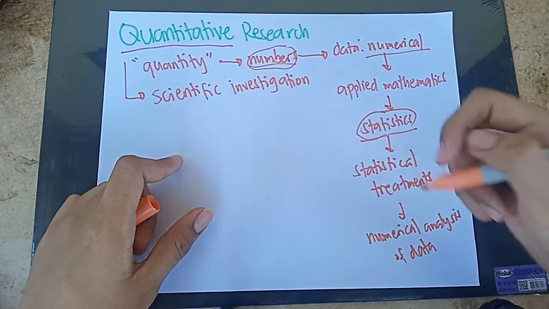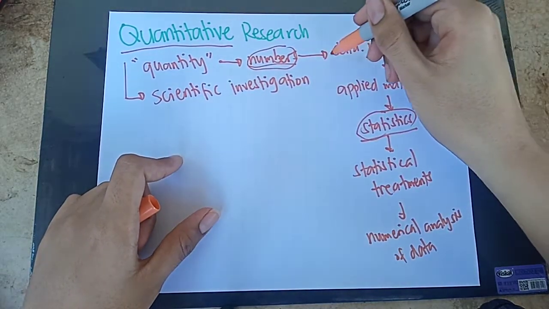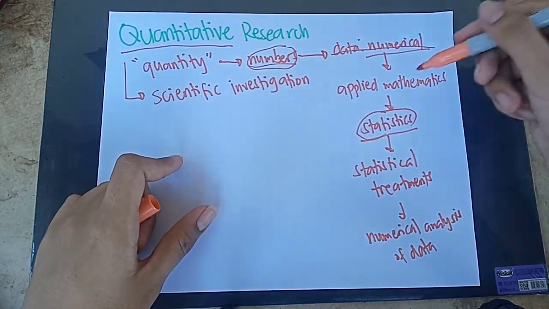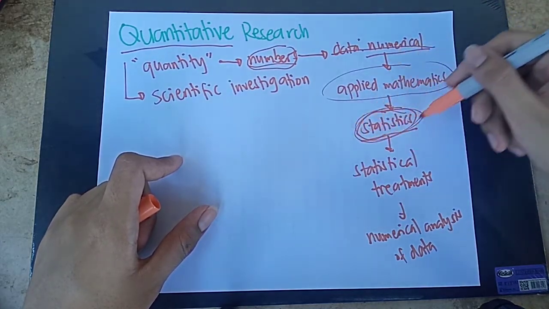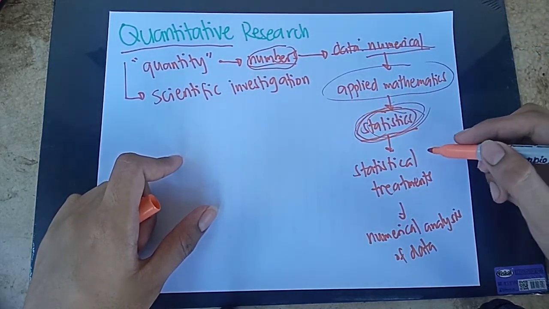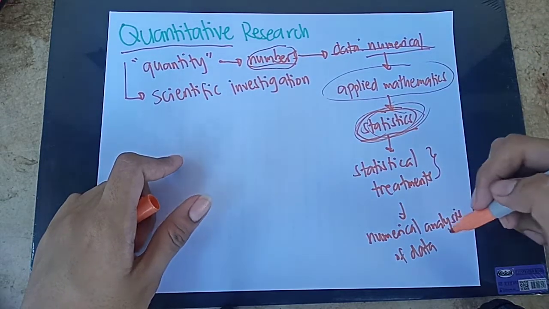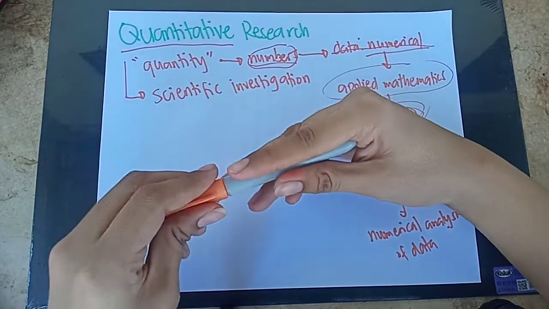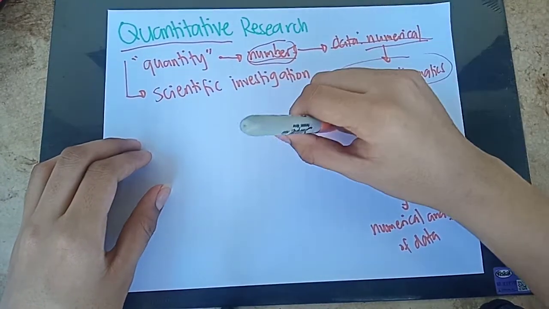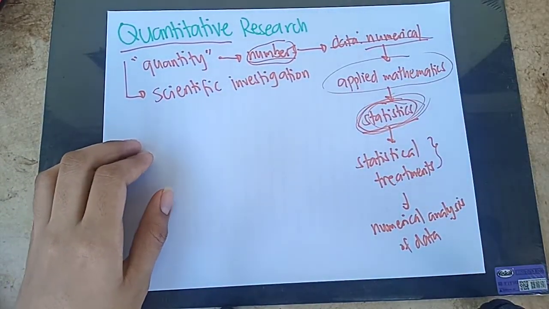Quantitative research utilizes numerical data and information subjected to applied mathematics known as statistics, which is used for the numerical analysis of data. So, that would be one of the main definitions of quantitative research.